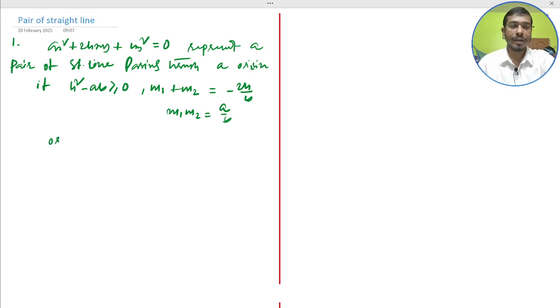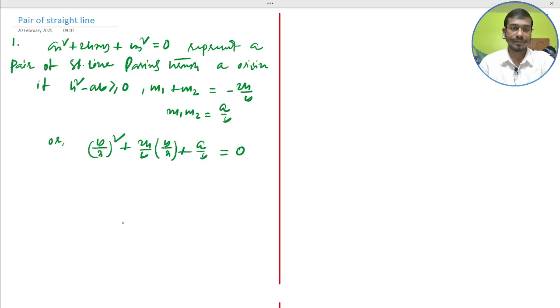Or in another form, (y by x) whole square plus twice h by b into y by x plus a by b is equal to 0.